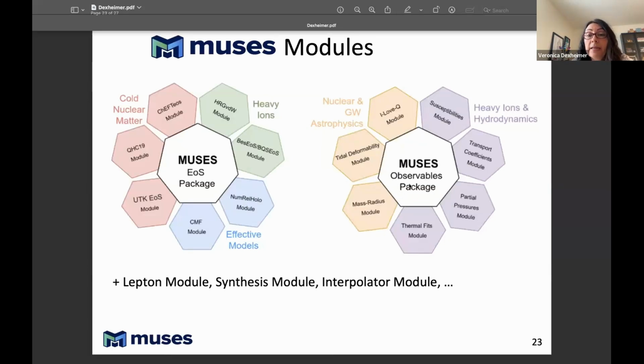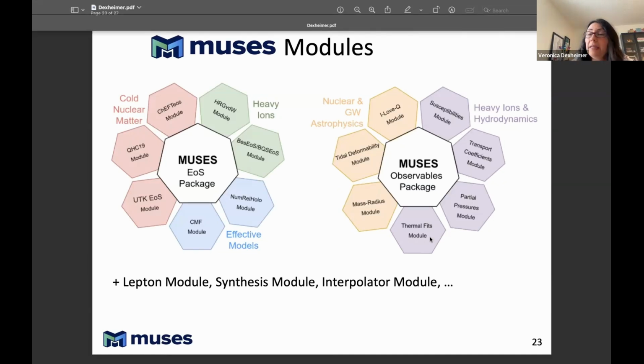Then on the right side, for the observables package, we have for the astrophysics side, the I-Love-Q, tidal deformability, and mass radius module. And for heavy ions, we have susceptibilities, transport, partial pressure, and thermal fits.